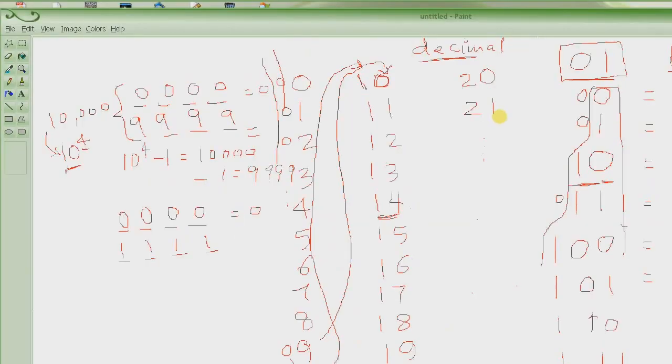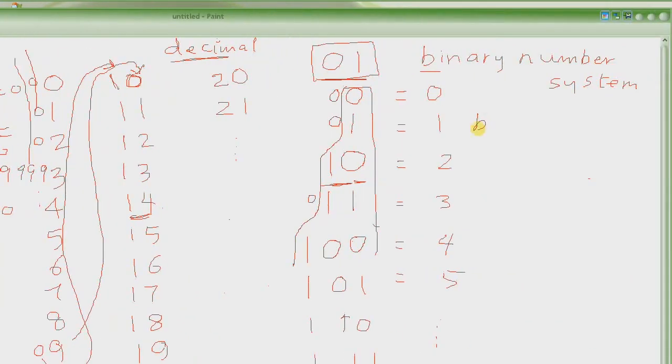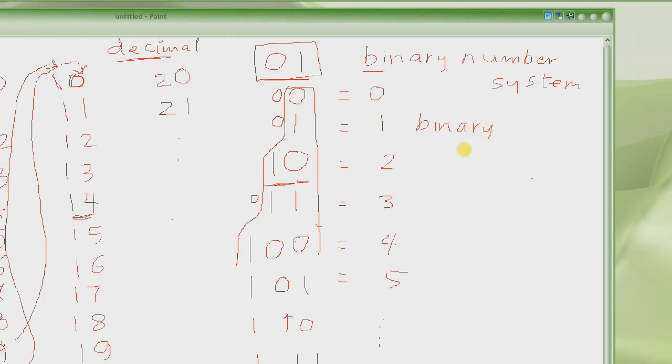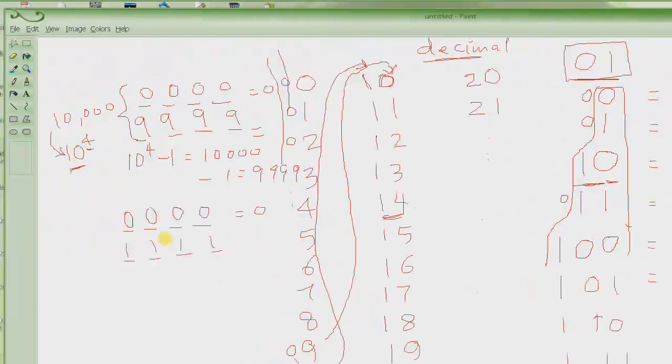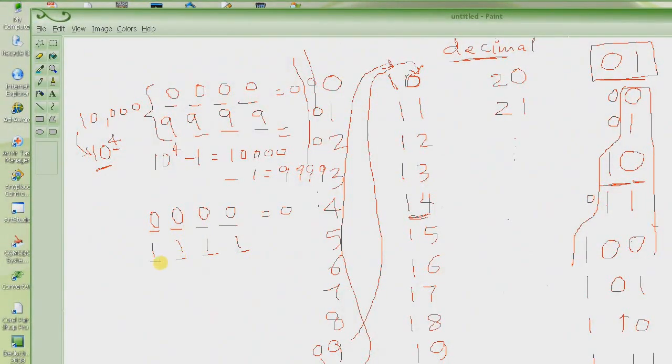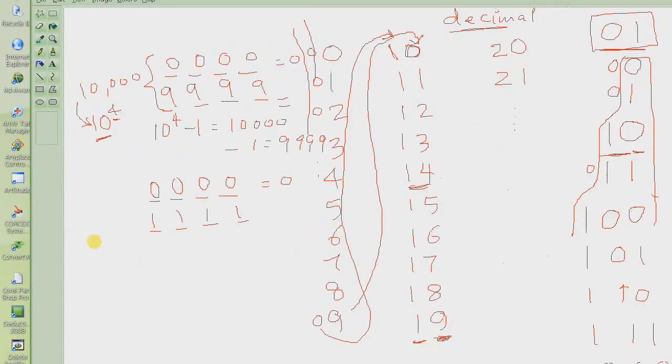Now these digits, 0 and 1, are called binary digits, and in short they are called bits. So using bits, the maximum number that I can write is 1111. So how many total should there be? If you use the same logic, the total in 4 decimal places would be 10 to the power 4. The total in 4 binary places should be 2 to the power 4, which is actually 16.